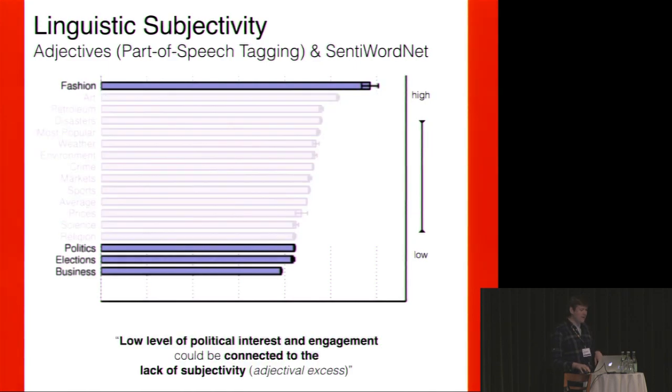It's very interesting, because you see that in fashion, the linguistic subjectivity is quite high, whereas in politics, the election reporting, or in business, it's quite low. So they hypothesize, they can't prove it, but they have an indication that the low level of political interest and engagement might be connected to the lack of subjectivity, because they think it might be less readable.